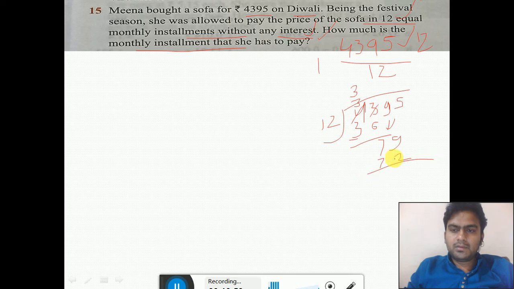What are you left with? 9 minus 2 equals 7, and we will bring the next number 5 down, and here we will write 6. Then again we can divide this number 72 by 12 six times. Now here we will write 72.